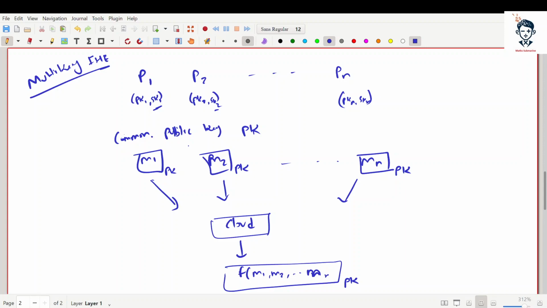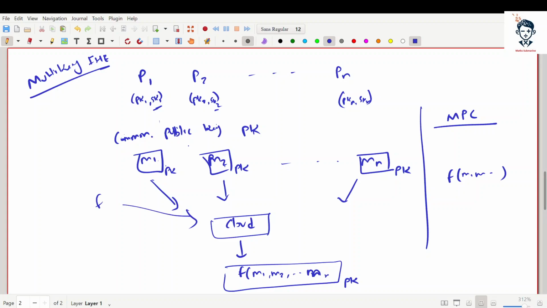If you compare multi-key FHE and MPC, what do you observe? In the case of MPC, parties interact with each other and then compute the function. Whereas in FHE, parties encrypt their plaintext and give it to the cloud, they tell the cloud the function they want to compute, and the cloud computes it.